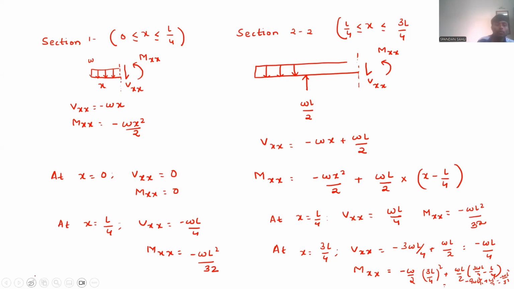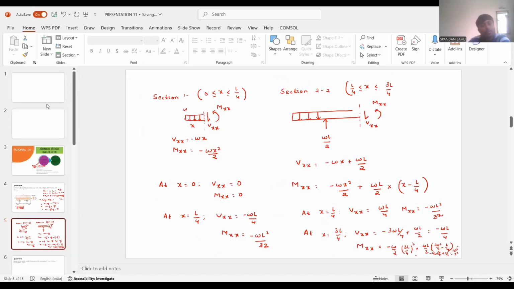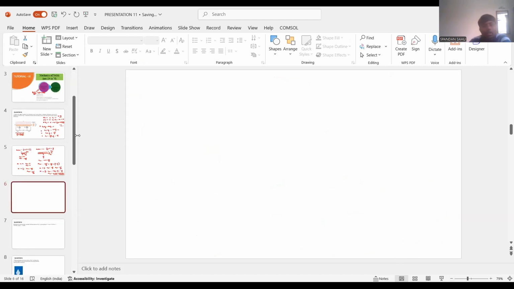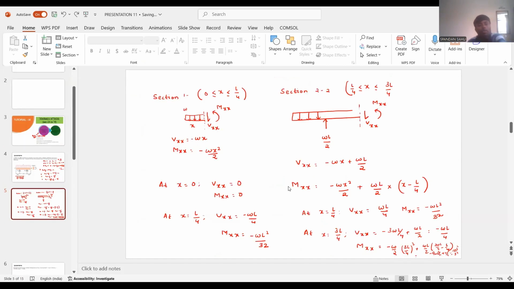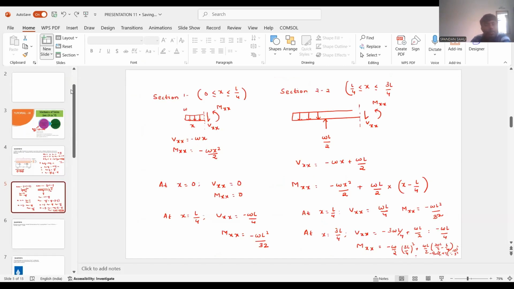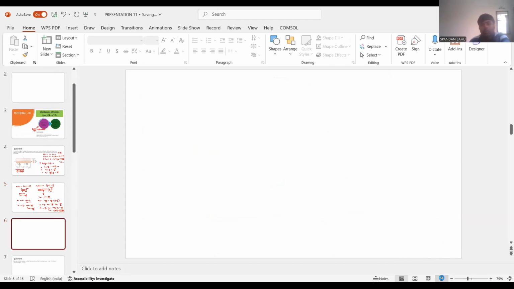Now we have to do the same thing for another section, that is 3.3, for the rest of the beam. Just see the beam, UDL is there, so the same steps we need to follow. So section 3.3.